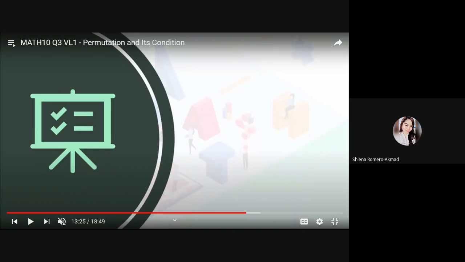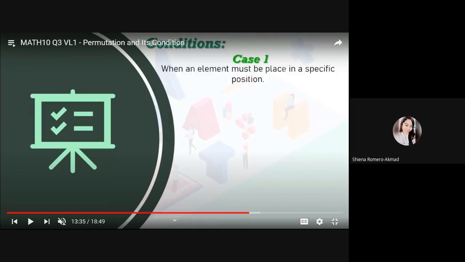So when I say permutation, it pertains to the ordered arrangement of items or elements or objects. And there are situations where you are given conditions. Those conditions, you can identify because we have here three cases where they can fall under. Like kanina, we discussed three examples and identified the condition.